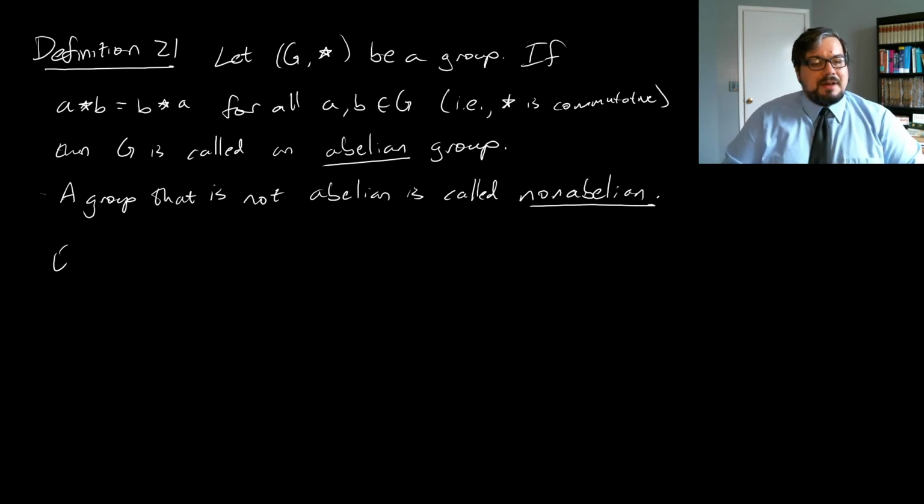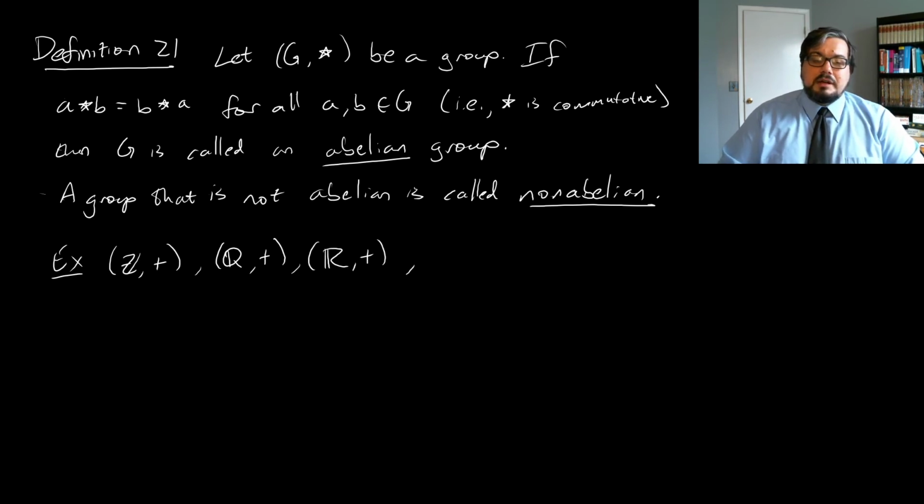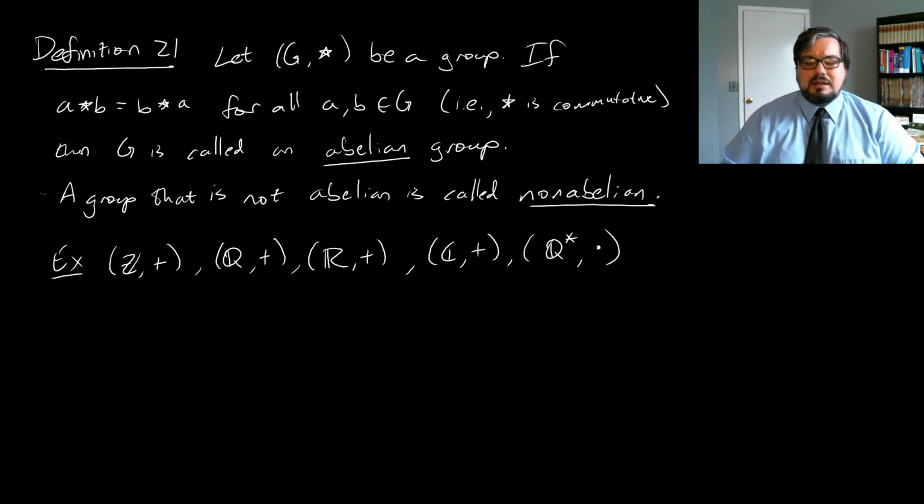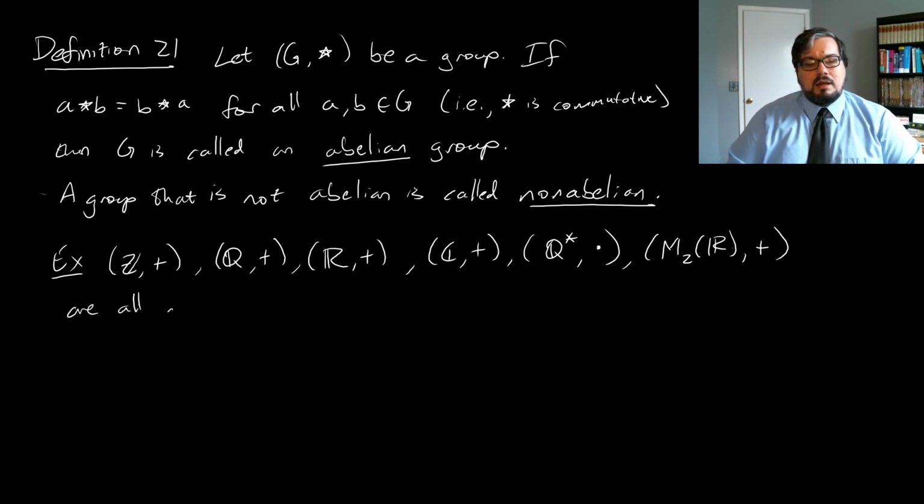What we've seen so far is that Z plus, Q plus, R plus, C plus, all the examples from the last couple of slides, Q star, and M2R plus are all abelian.